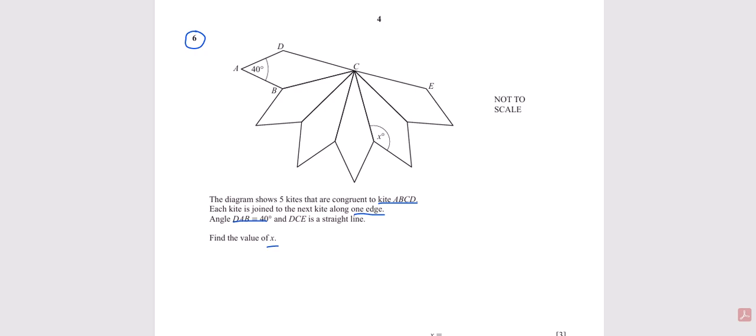We know that these angles are all on a straight line. How many angles are there? 1 2 3 4 5 6. So 180 divided by 6 is equal to 30. So each angle is equal to 30.